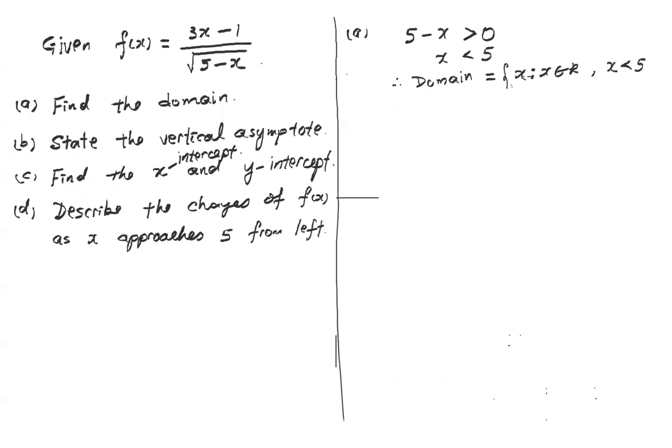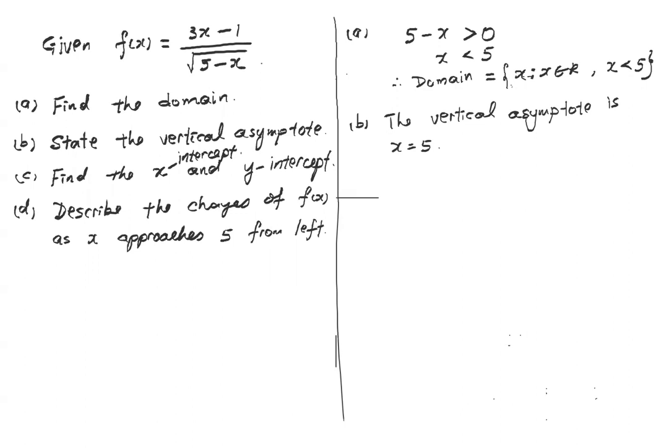So you see, less than 5. So therefore, part B, the vertical asymptote. We said the vertical asymptote always comes from the domain, am I right? The vertical asymptote is x equal to 5.